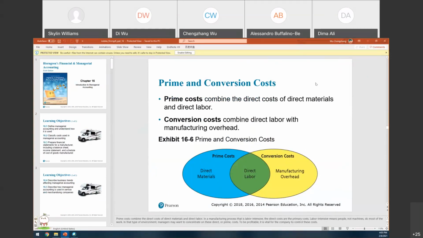Here in chapter 18, we primarily focus on direct materials plus conversion cost, where conversion costs include direct labor and manufacturing overhead. We use this classification in this chapter.